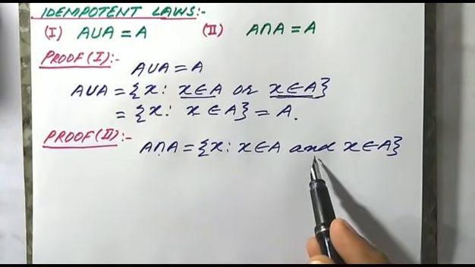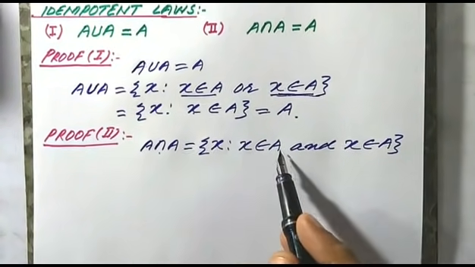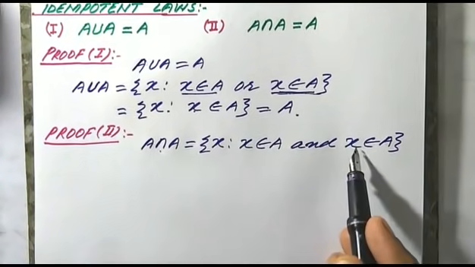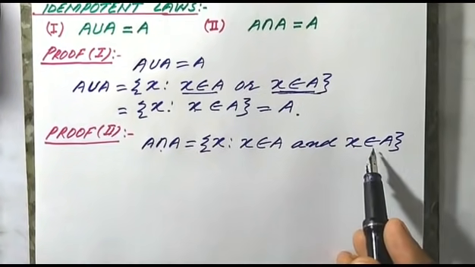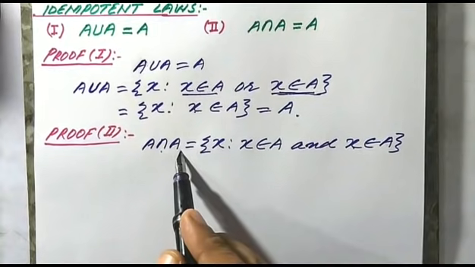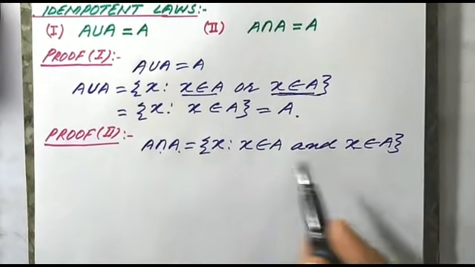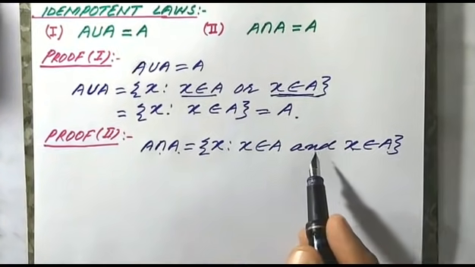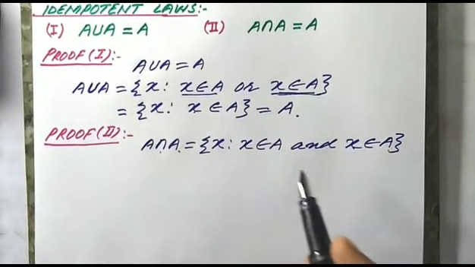So we use the word and. X belongs to A, the first set, and X must also belong to the second set, which is also A. So we write X belongs to A and X belongs to A.